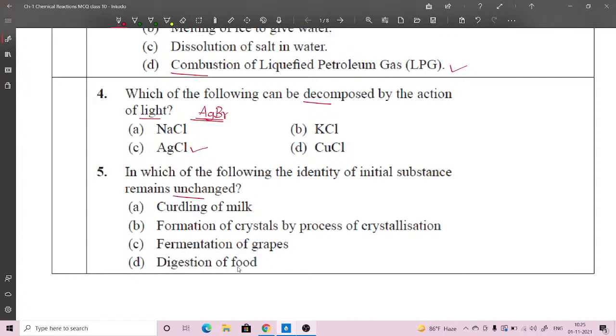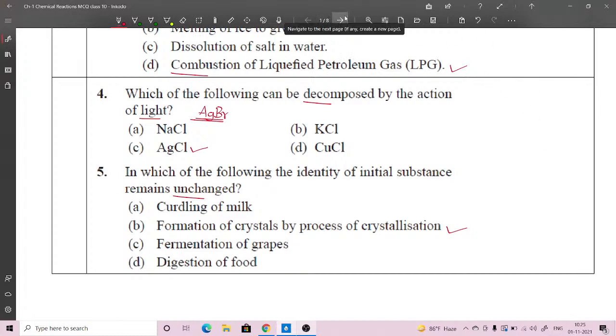I know that in the formation of crystals by crystallization, the initial substance does not undergo any change, whereas all the others are examples of chemical change, and this one is a physical change. The correct option is option B.